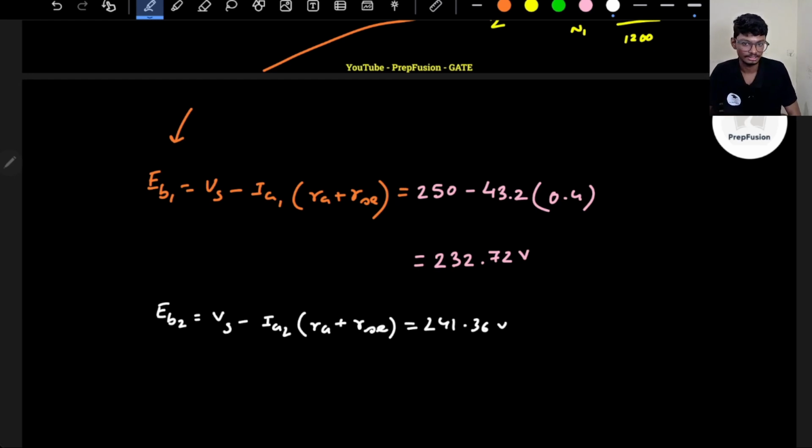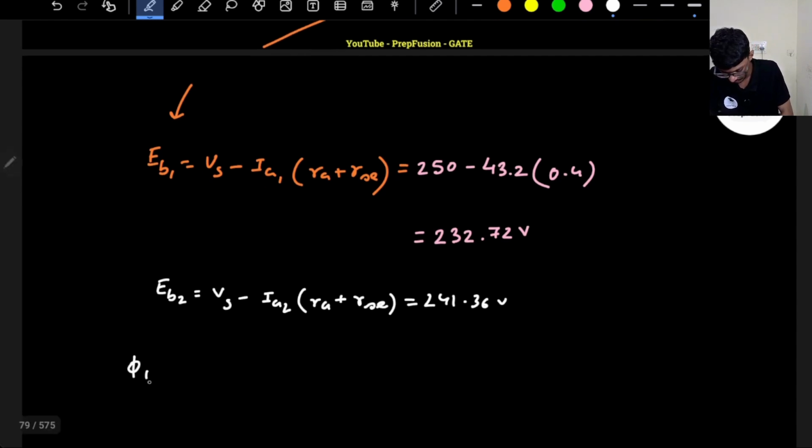Now I can simply take the ratios, because I have to calculate the percentage change. So I just have to find the ratio.